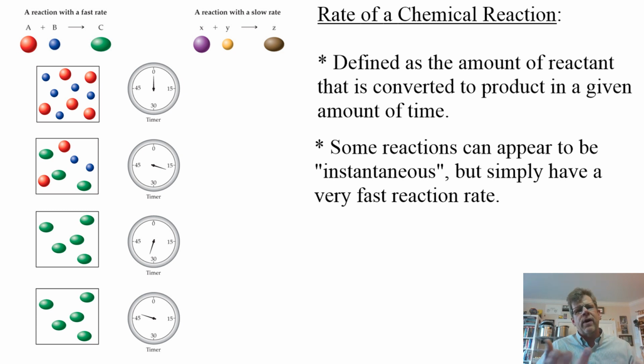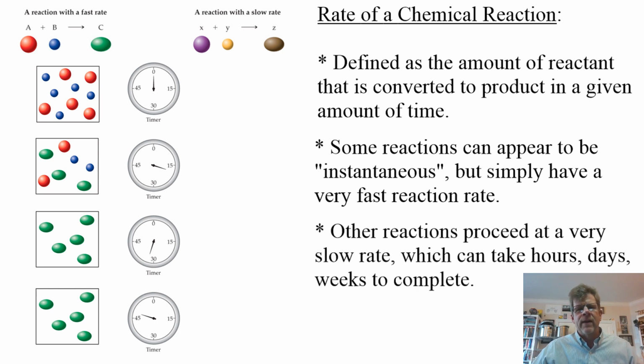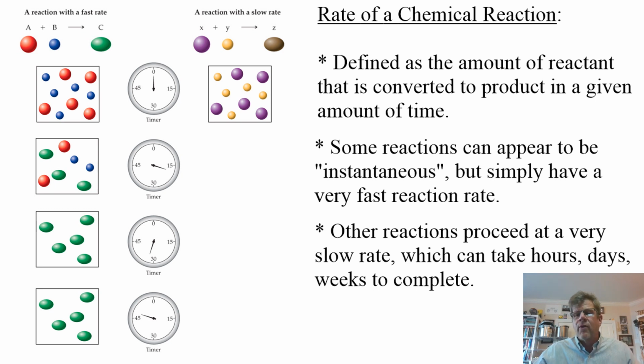Contrast this with the reaction on the right, a reaction with a slow rate. And of course, at t equals 0, we will see that some reactions are very, very slow. They can take hours, days, or even weeks for the reaction to go as far as it's going to go. So here we have a box of purple and yellow spheres signifying time equals 0 in this reaction.